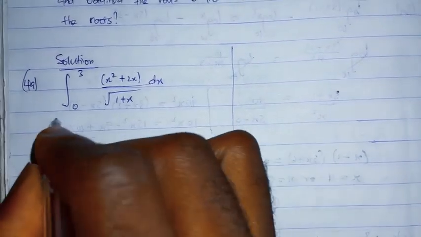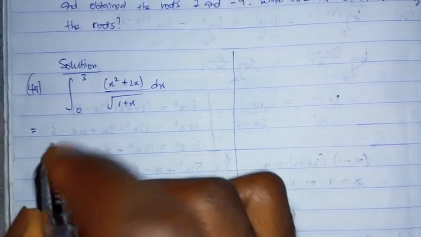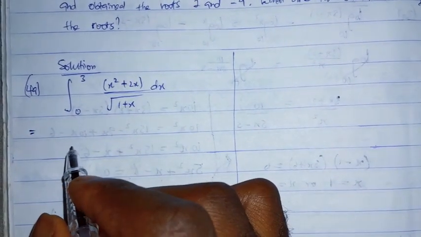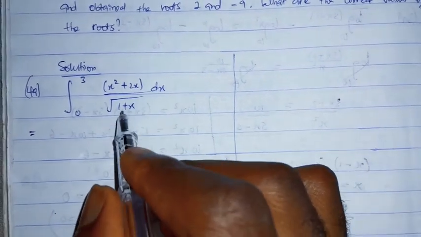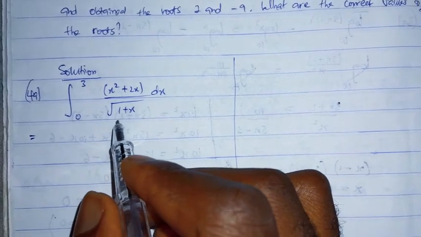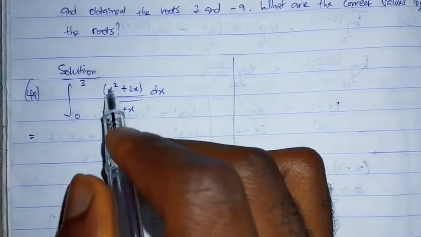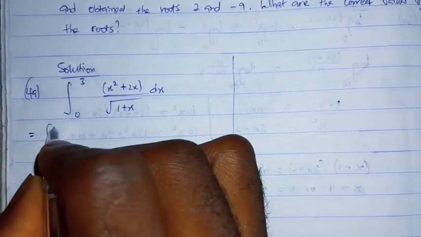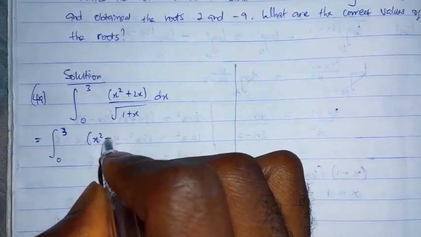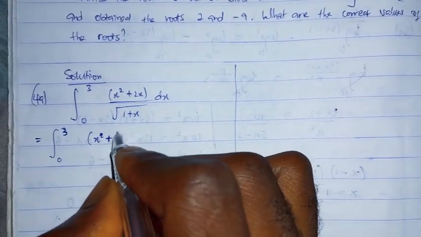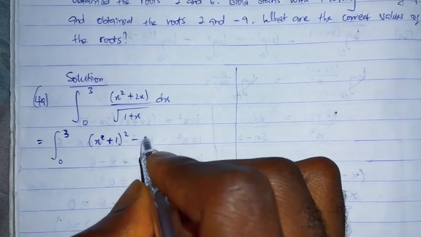Now, how do I evaluate this question? In integration, there are ways you can manipulate your question so that you should be able to solve it. What do I mean? In this case, the best thing I can do here is to manipulate this to be of the form (x plus 1) all squared minus 1.